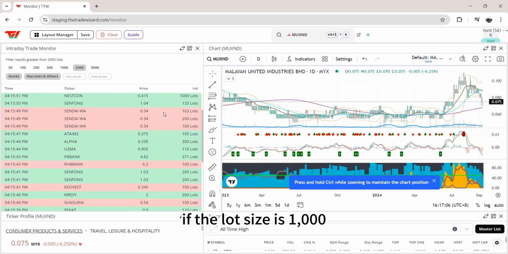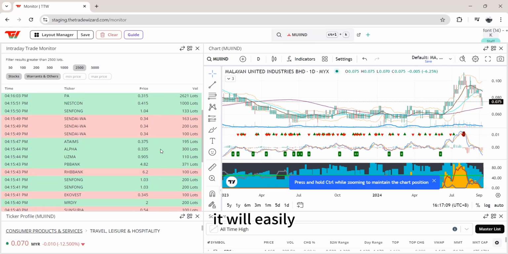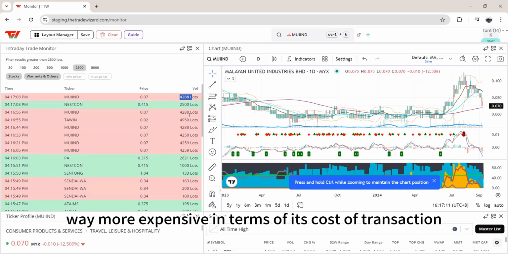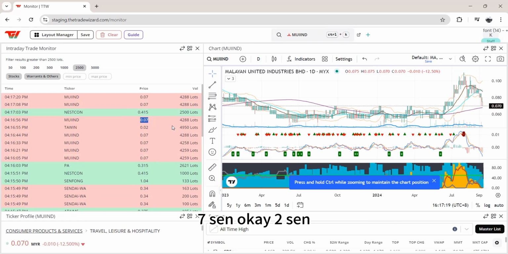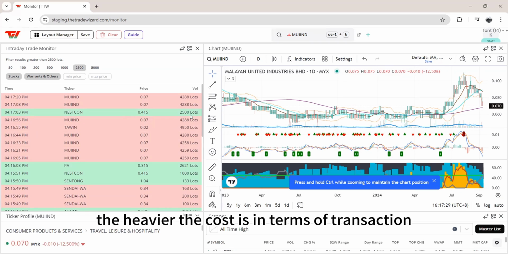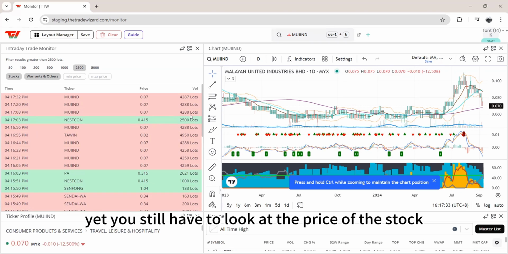If the lot size is 1,000, it will be way more expensive in terms of its cost of transaction as compared to this stock, whereby you can see the cost is just 7 cents, even though the lot size is heavy. Okay, so generally speaking, of course, the bigger the lot size, the heavier the cost is in terms of transaction. Yet you still have to look at the price of the stock.